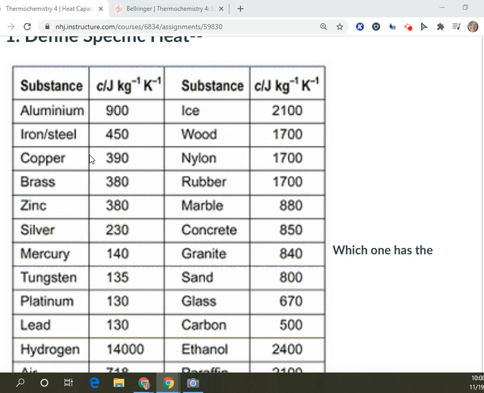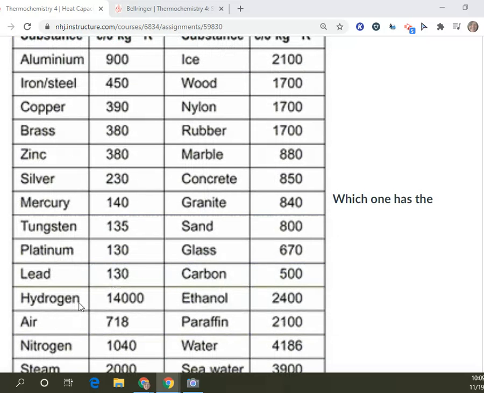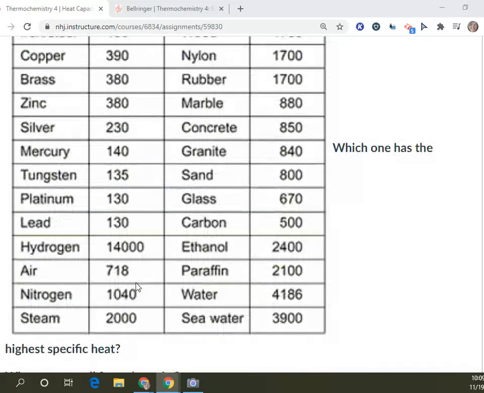First of all, what are some observations you can make? You guys online can answer in the chat. Well, number one, there are different materials. Aluminum has its own number, iron and steel, copper, brass. Tungsten has its own number. Hydrogen is 14,000, whatever specific heat we're talking about. Each of these materials has its own number.